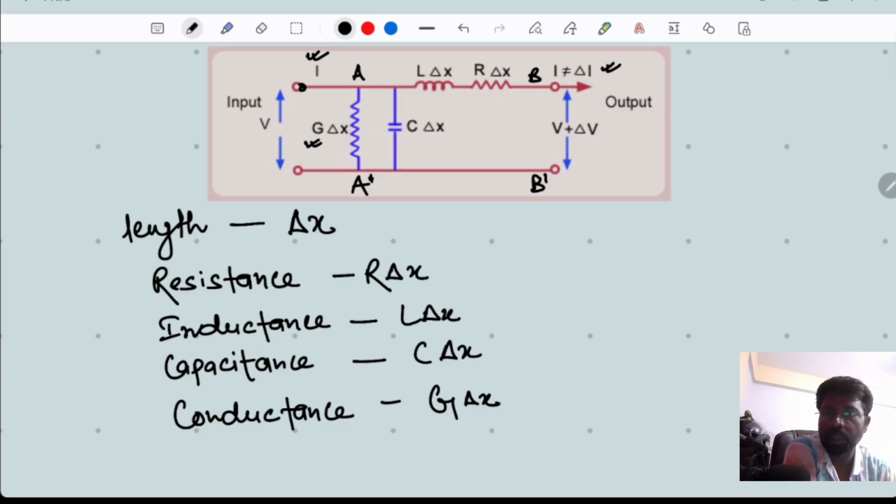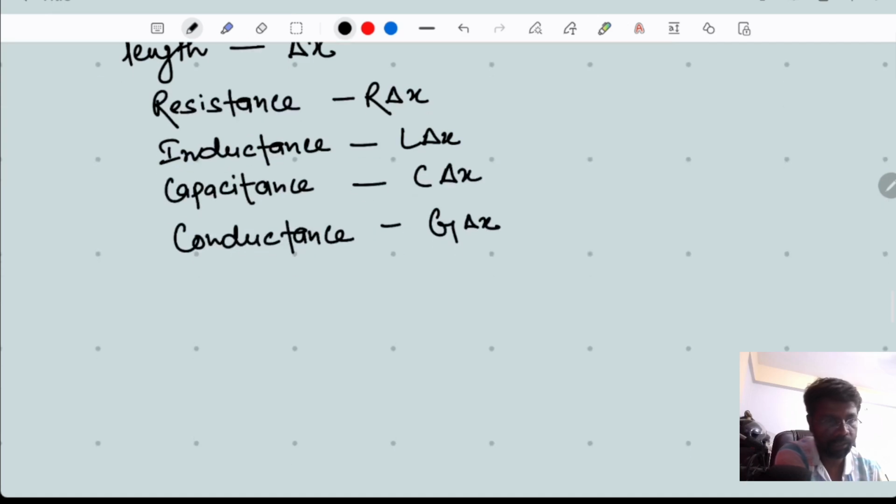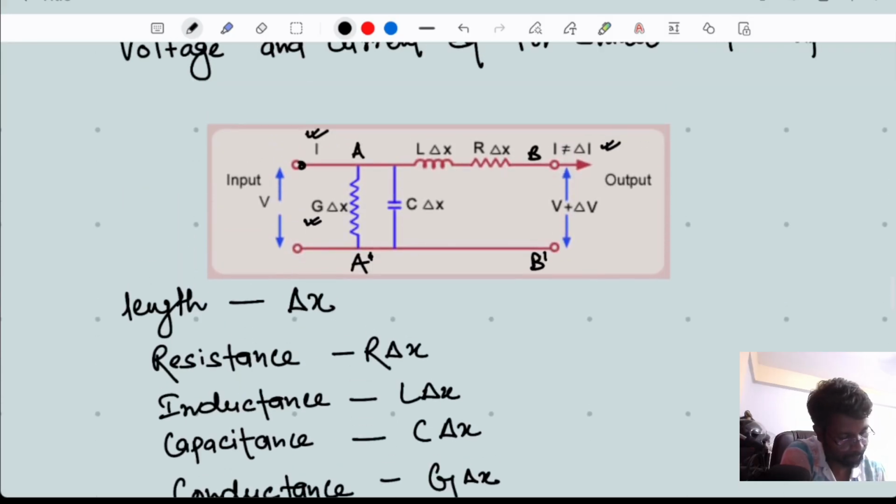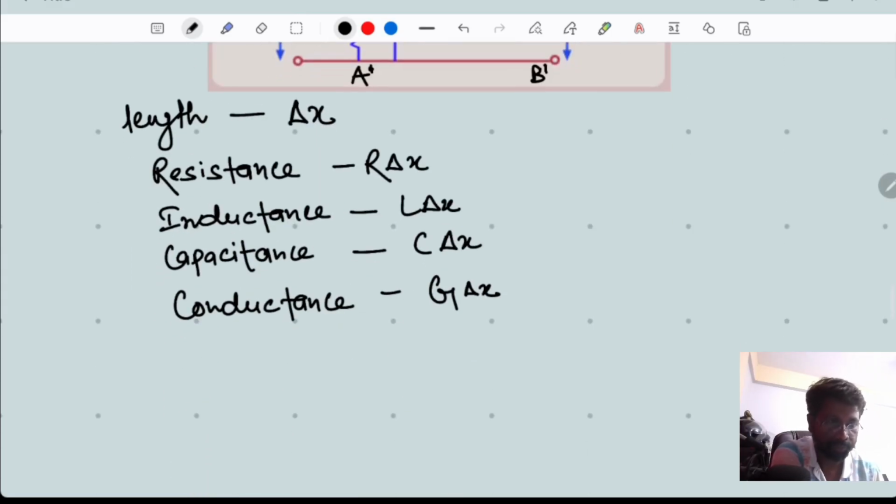There is some loss in the current, and we represent the loss by delta I, and the loss in the voltage is represented by delta V. Let the voltage and current at point B dash be I plus delta I and V plus delta V.